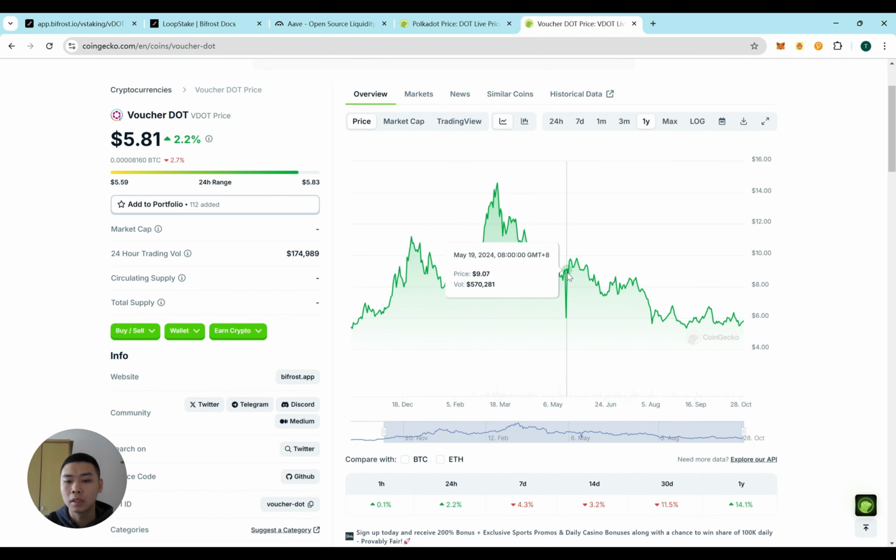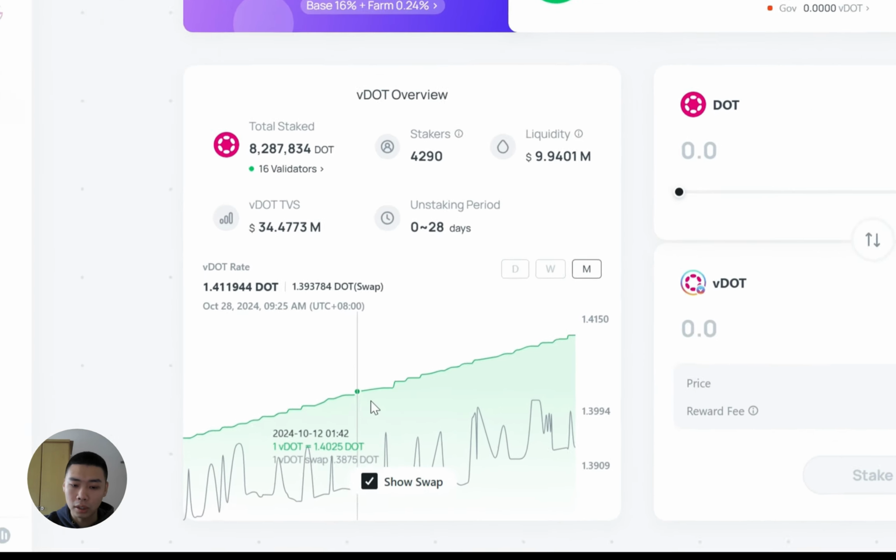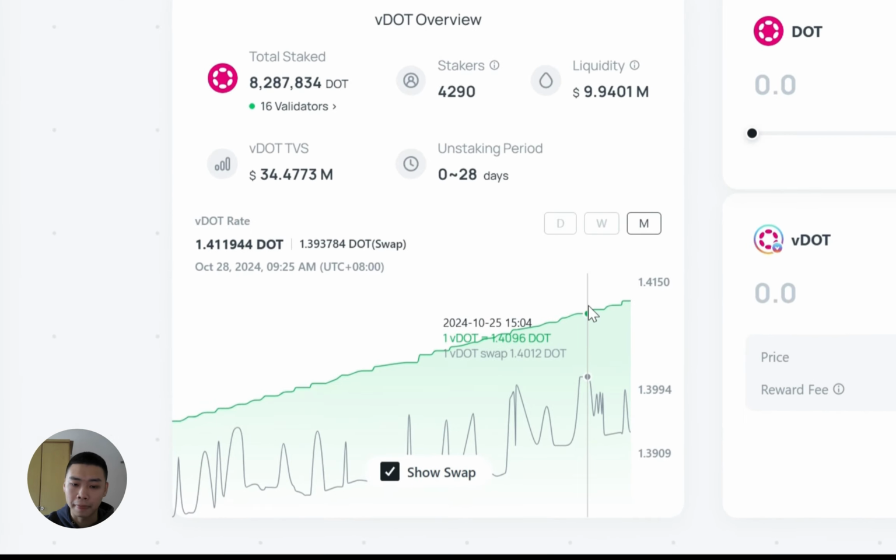This is because there are arbitrageurs. So don't forget the principle of vDOT, right? The vDOT can always redeem DOT at a constant exchange rate. If we go to the Bifrost app, this green line is the exchange rate between DOT and vDOT. You can always redeem at this exchange rate.